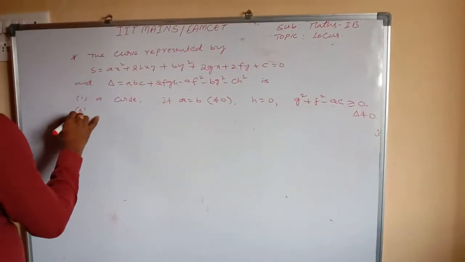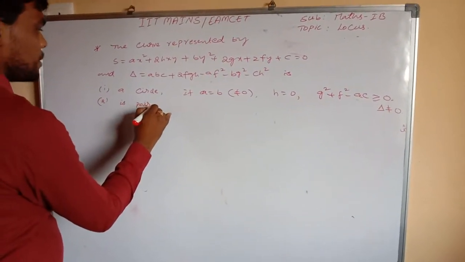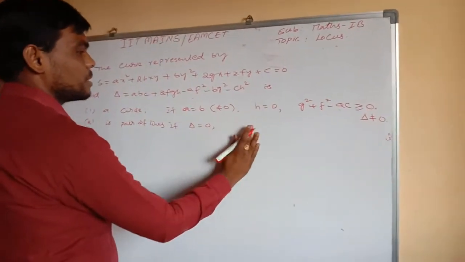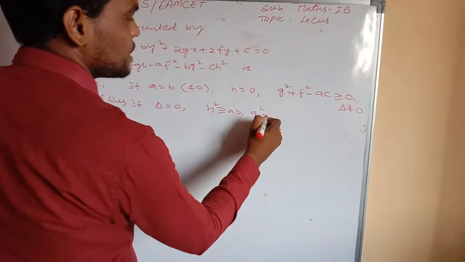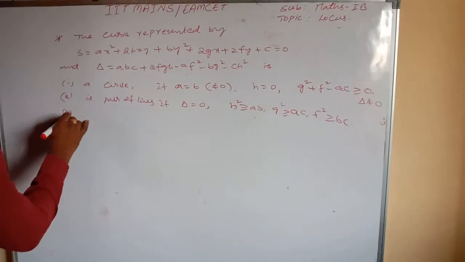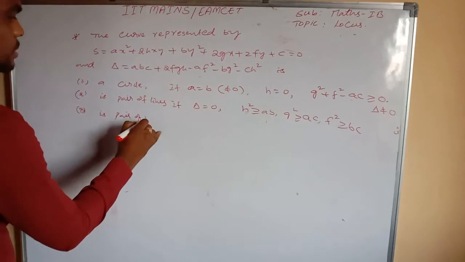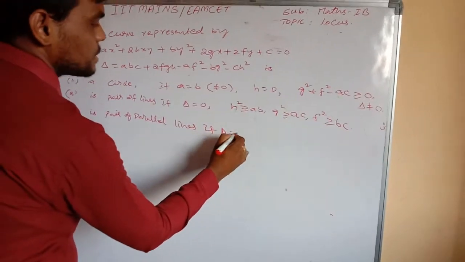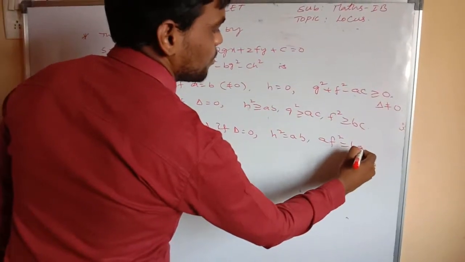Next, the second one is a pair of lines, if delta is equal to 0, h square is greater than or equal to ab, g square is greater than or equal to ac, f square is greater than or equal to bc. And the third one is a pair of parallel lines, if delta is equal to 0, h square is equal to ab, af square is equal to bg square.